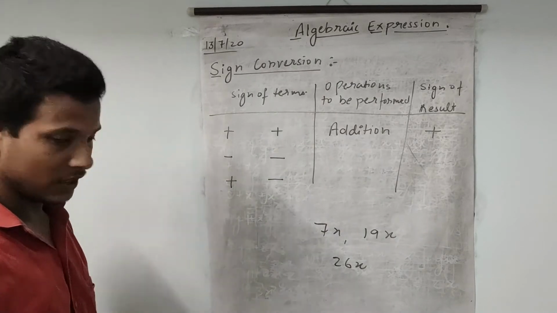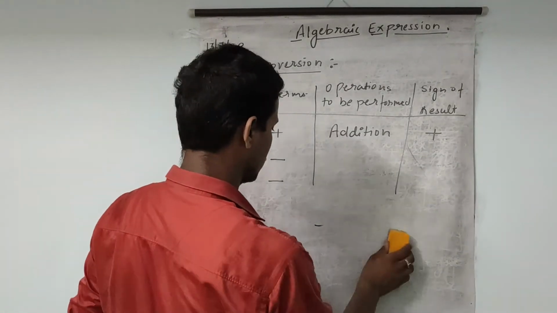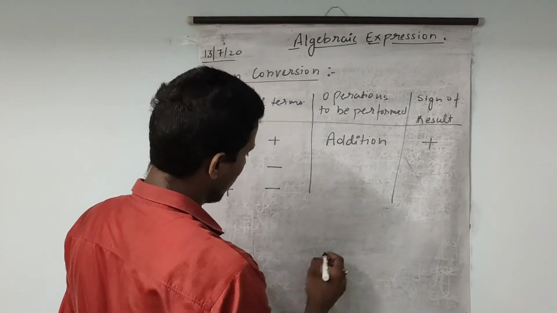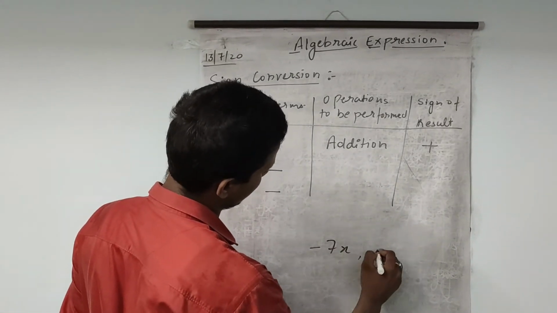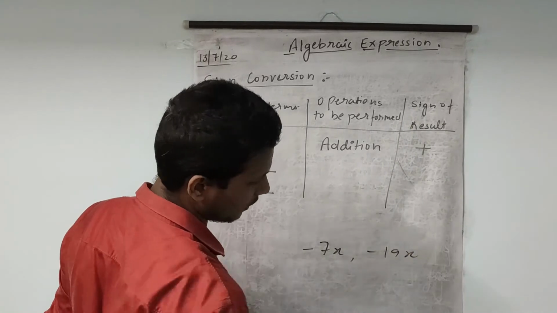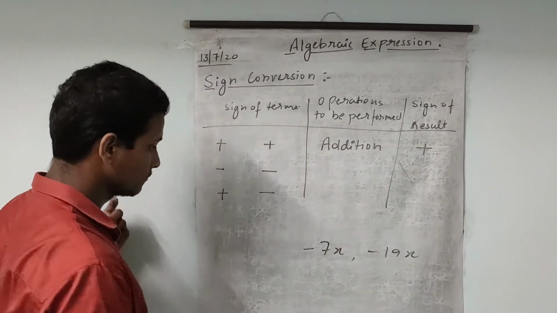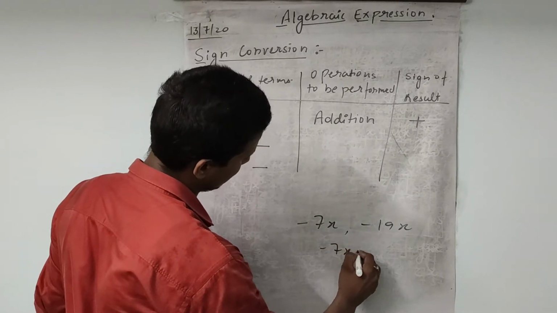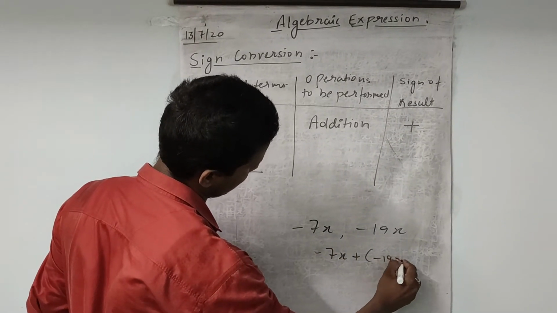Okay. Now if we have both negative, what do we have to do? Minus 7x, positive, negative, minus 19x.